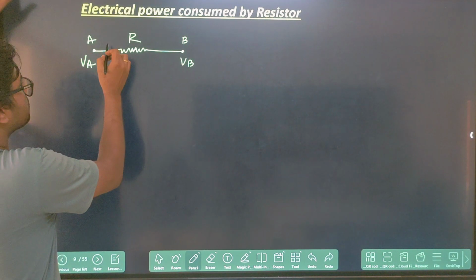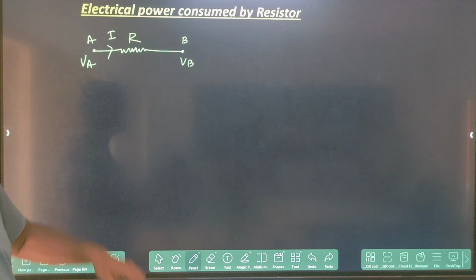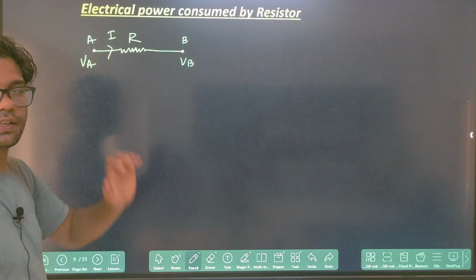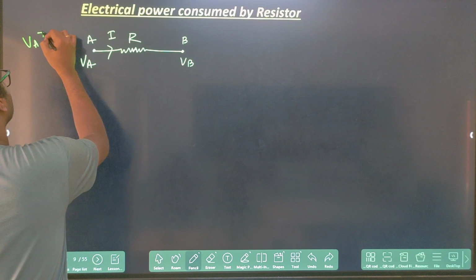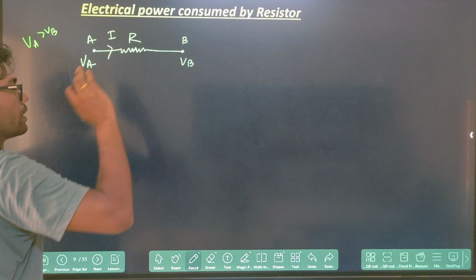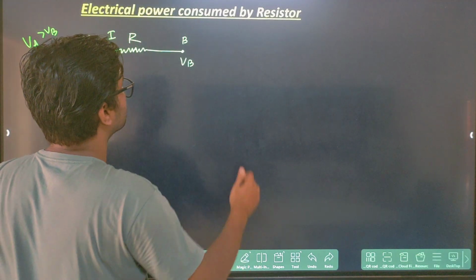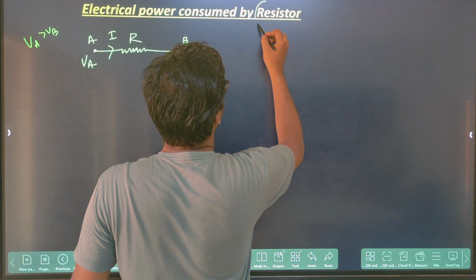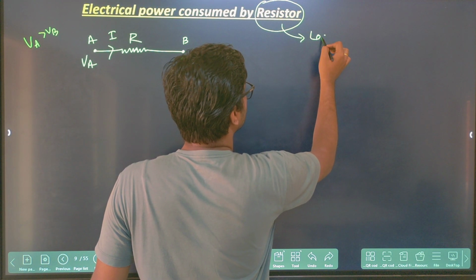The current I is flowing inside the resistor. That means VA is greater than VB, obviously. Again I am repeating, VA is greater than VB. Current will flow from higher potential to lower potential. This resistor basically behaves as a load.